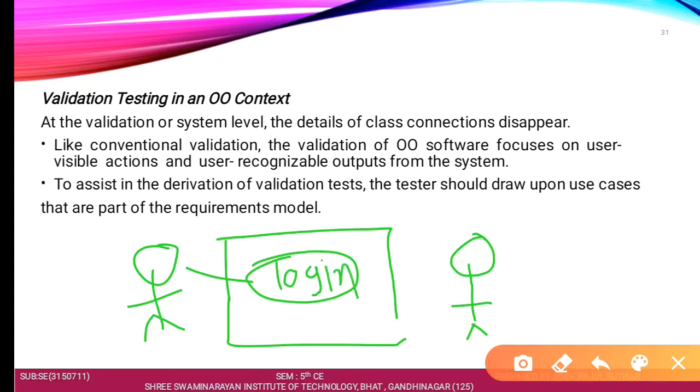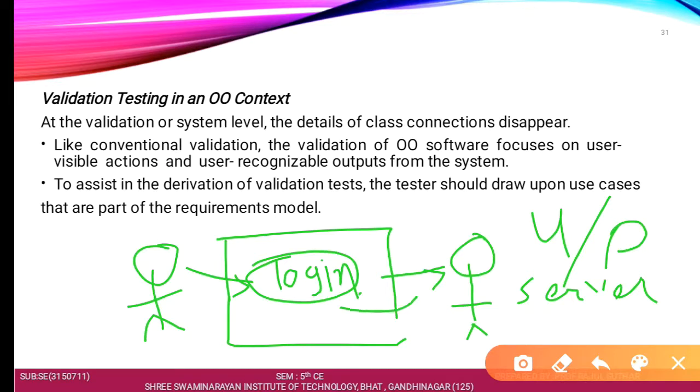The login is checked at the server side, whether the account is available or not, and then it replies whenever the user enters the username and password. So this action will be replied to the actor. This actor is called the user and this one is the server.